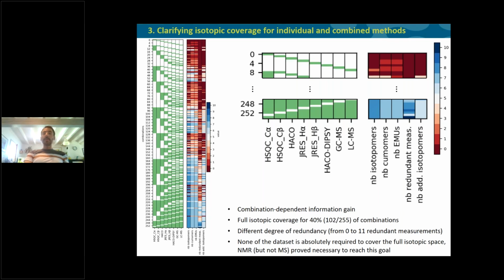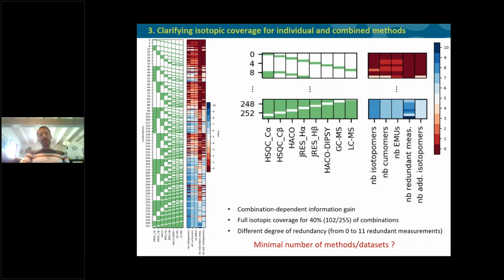Interestingly, we observed that we have a full isotopic coverage for 40% of the combinations with different degrees of redundancy. None of the data sets is required on its own to cover the full isotopic space, but NMR proved necessary to reach this goal, because in all the combinations where we are able to quantify all the isotopic species, NMR is present. So to have the full isotopic coverage, we need NMR, but not MS, for this example.